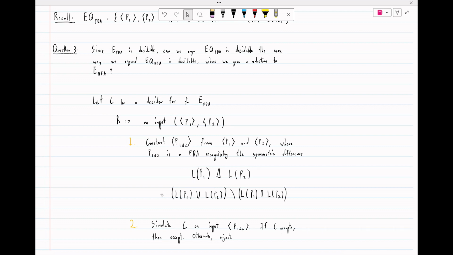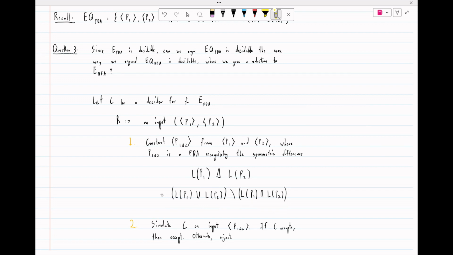You gave me two machines, right? And we constructed a machine that recognized the symmetric difference of the languages recognized by the two machines that you gave me. The way we defined the symmetric difference was it's all the things that are exactly in one of the sets, so it's the union of the things without the things that are in both sets.